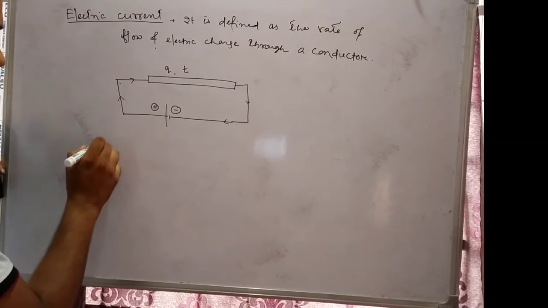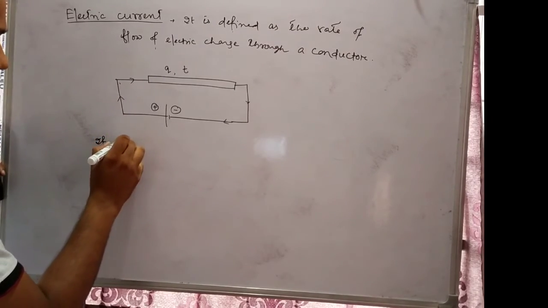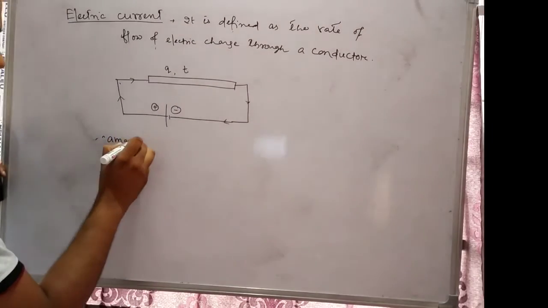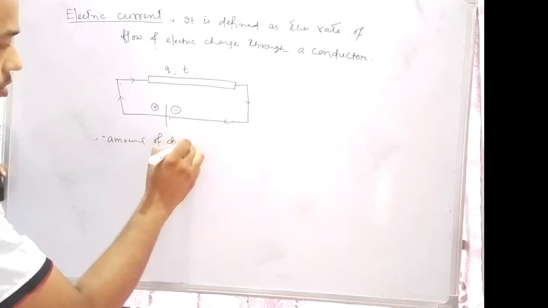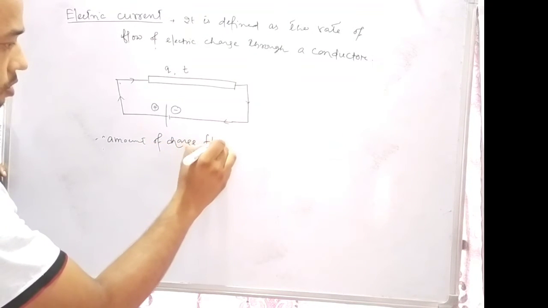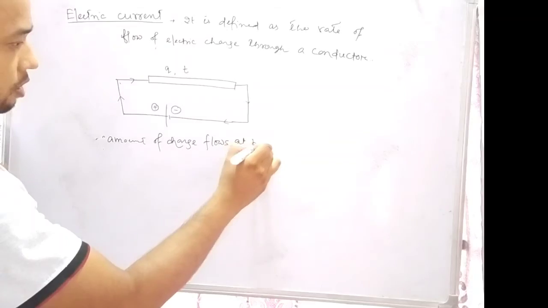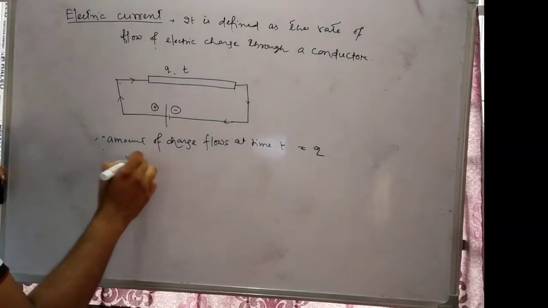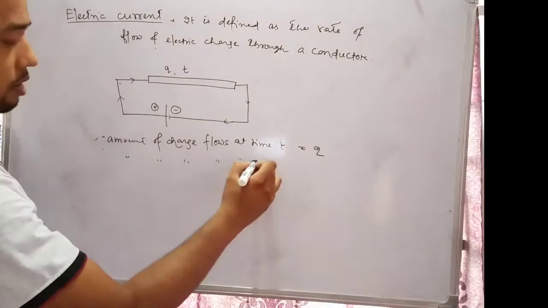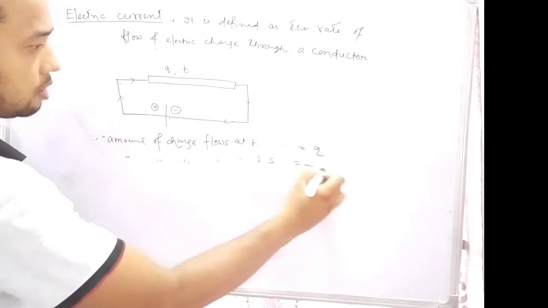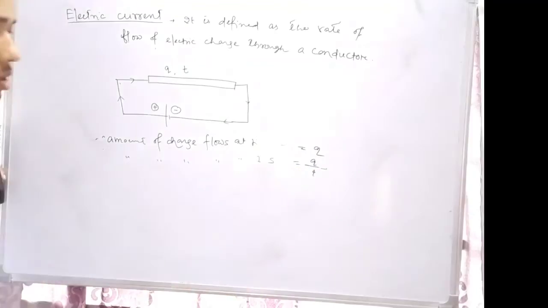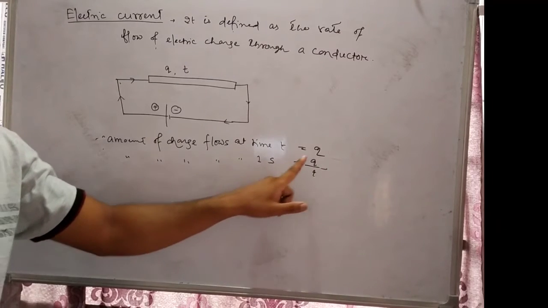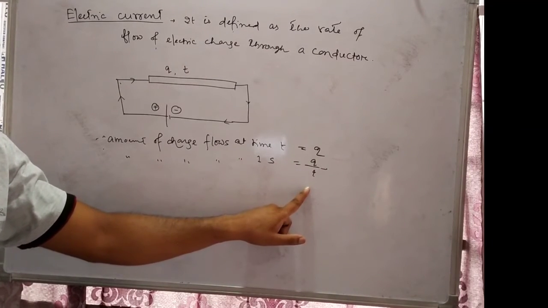Now see, if the amount of charge that flows at time t is equal to q, then the amount of charge that flows in 1 second will be q by t, unitary method. So if at time t q amount of charge flows, then in 1 second q by t amount of charge will flow.